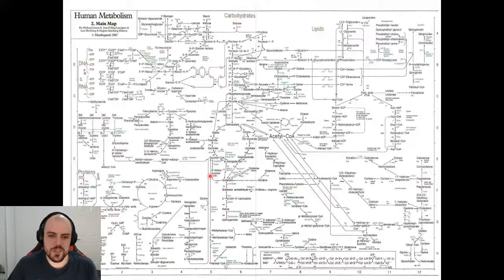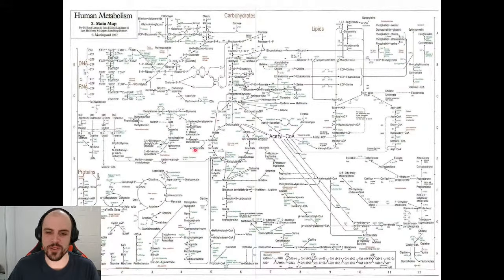But this, I just want to give you a little bit of an indication of how complex metabolism can be. And this is one of, I think, 4 different pages. Okay, it is immensely and wildly complicated and something that I had to endure in my second year of biomedical science.